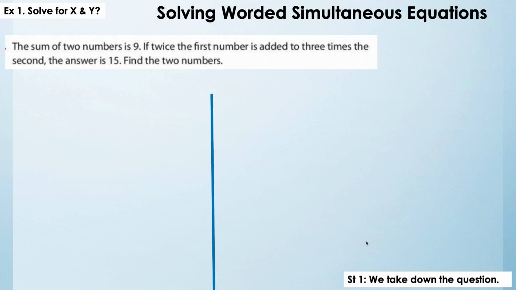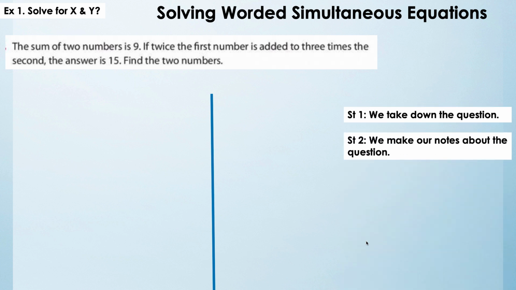What I mean by notes is, for example, the sum of. So sum, plus. You think plus there. Two numbers, we don't know the two numbers, x and y.